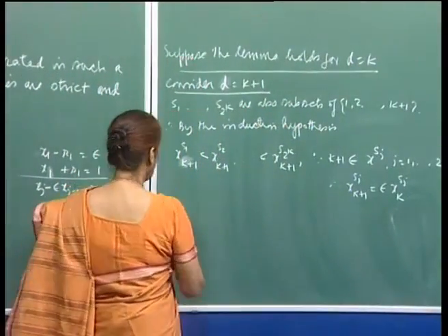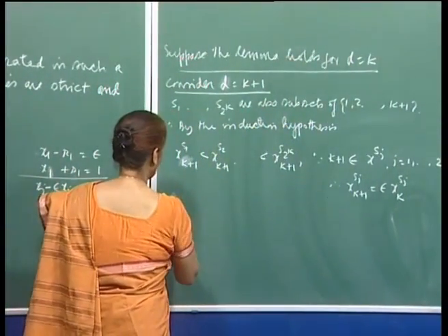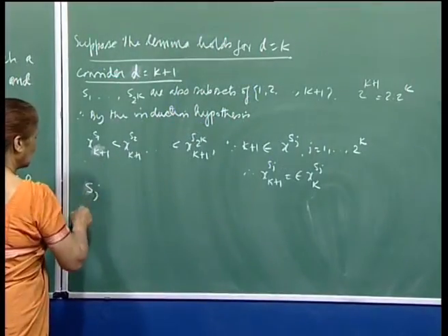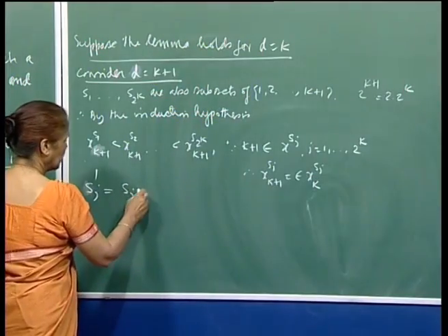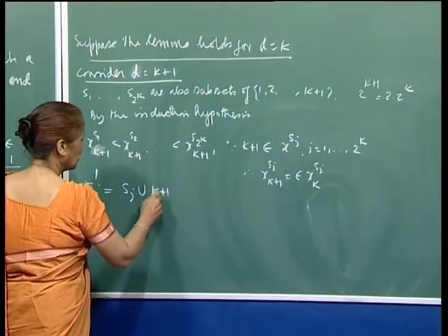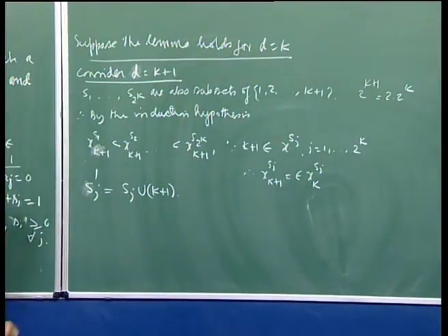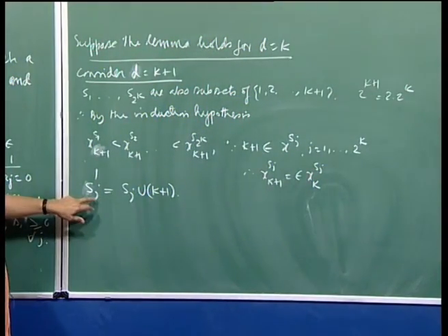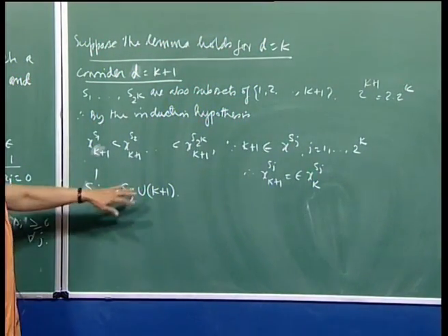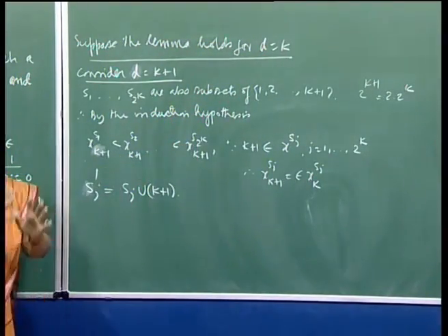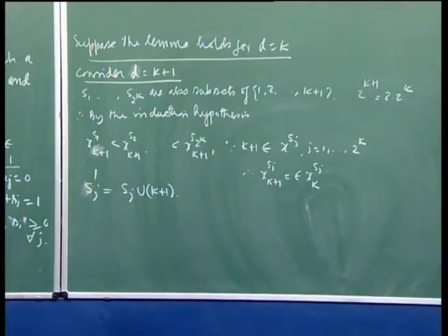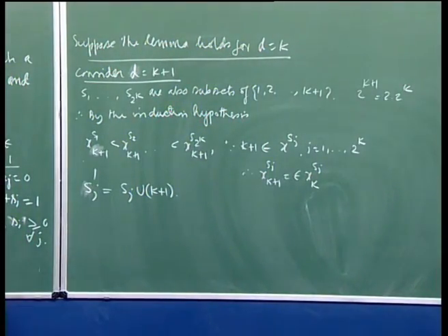So, we will define, we will say that your set S j prime, let us call it, is equal to S j union k plus 1. So, that means I am numbering them again 1 to 2 raised to k. So, there will be 2 raised to k in number. So, together with these 2 raised to k subsets they will form 2 times 2 raised to k subsets, right, okay, which is what we need.